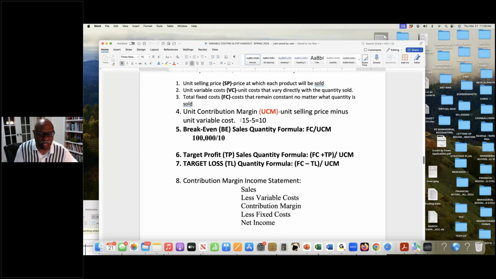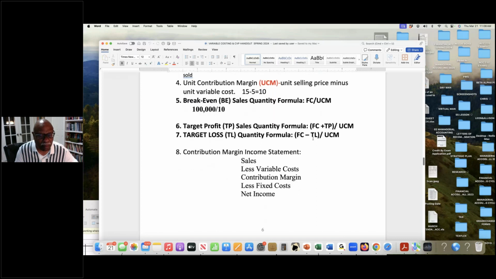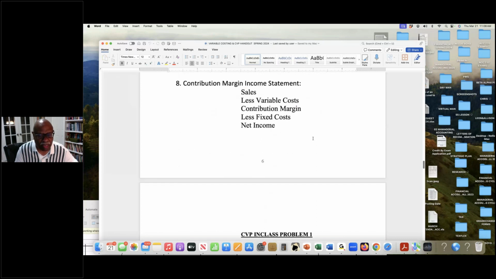And our unit contribution margin is unit selling price minus unit variable cost. So in the example we had before, selling price is 15, variable cost 5, and so the unit contribution margin was 10, and that's what we always do. Any questions?